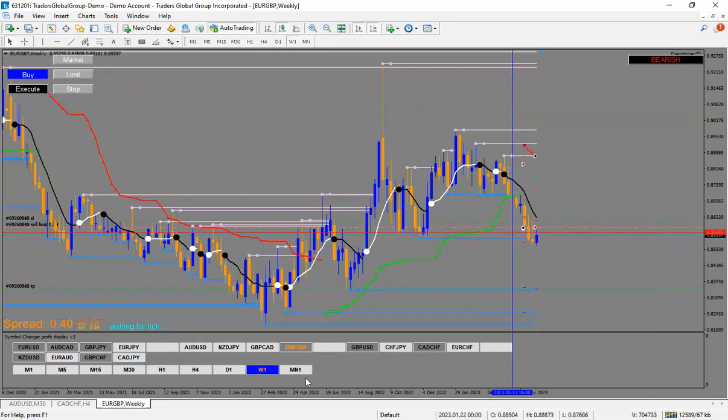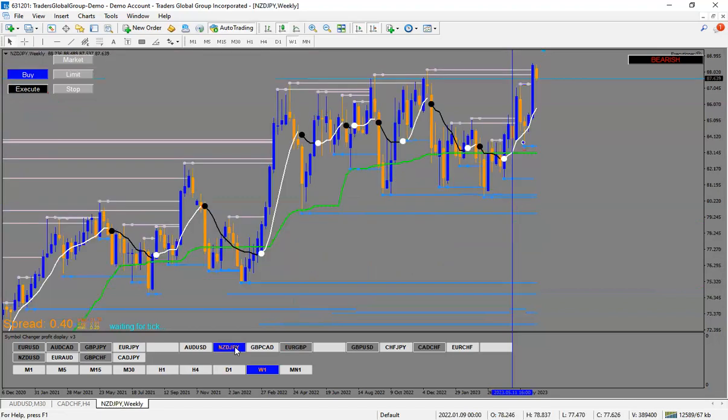I had one setup on NZD-USD, and just like the weekly and daily setups, these are also setups that I take. You can see that this is a long bearish candle. Price went, created this high and came back.